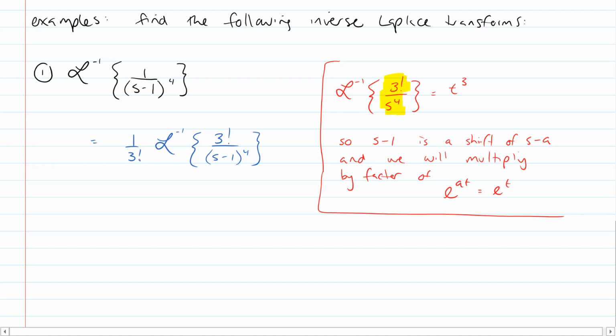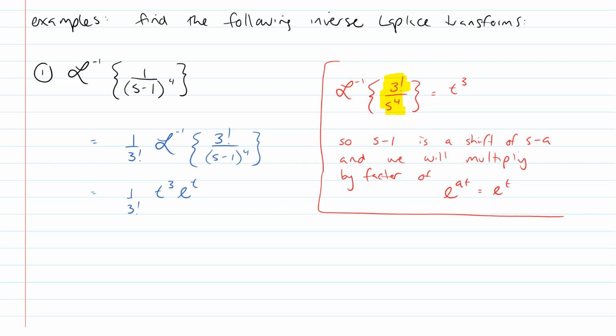So we get what we started with, and so we're going to have 1 over 3 factorial, and the inverse Laplace transform of 3 factorial over s to the fourth is t cubed, so we'll still get that. And now to handle the s minus 1, the shift, we're going to multiply by e to the t.